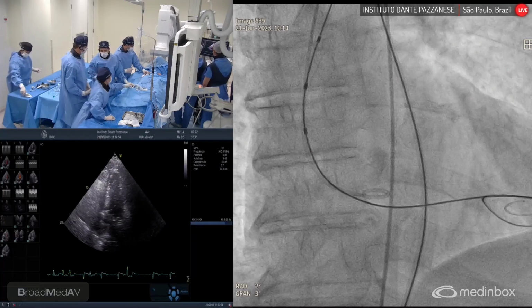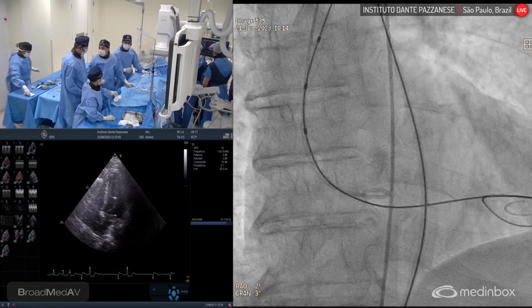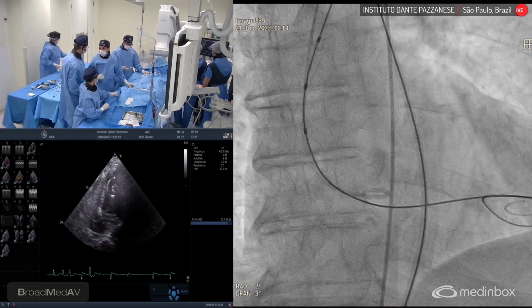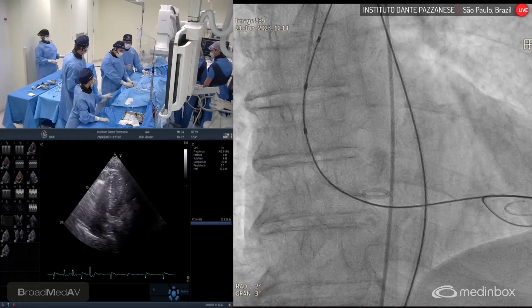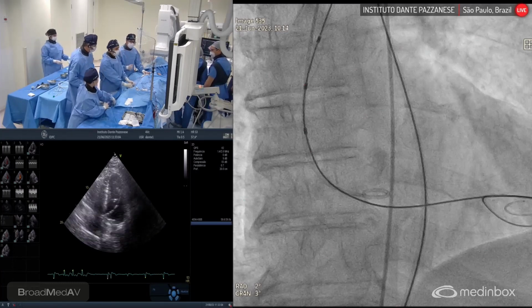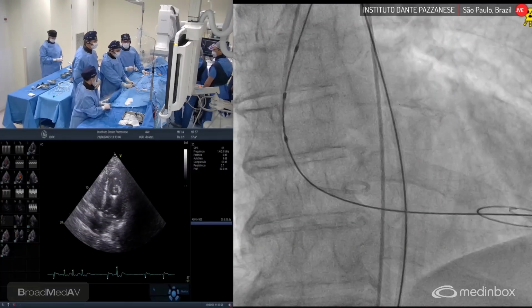There is some suggestion that the pacemaker rate is higher in bicuspid than tricuspid. So it's time to have a randomized trial only for bicuspid valve. I think so. Okay, good.